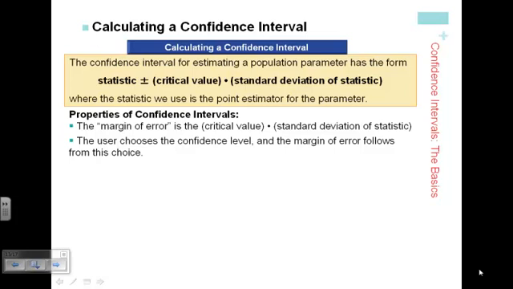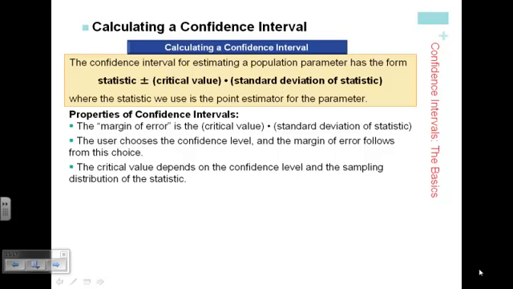All right. The critical value depends on the confidence level and how much variation there is in the sampling distribution of the statistic. Greater confidences create larger critical values, which create larger confidence intervals.